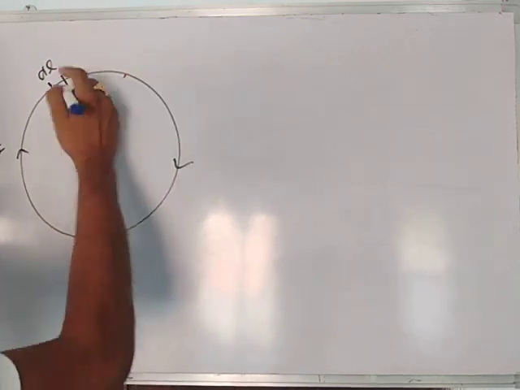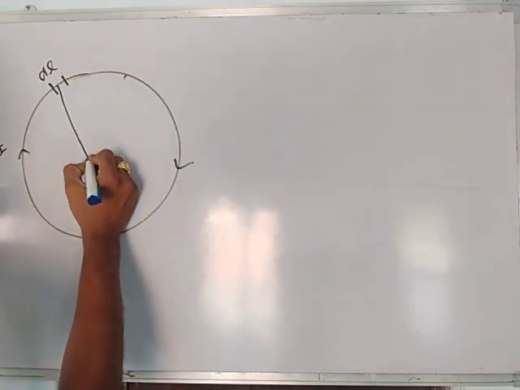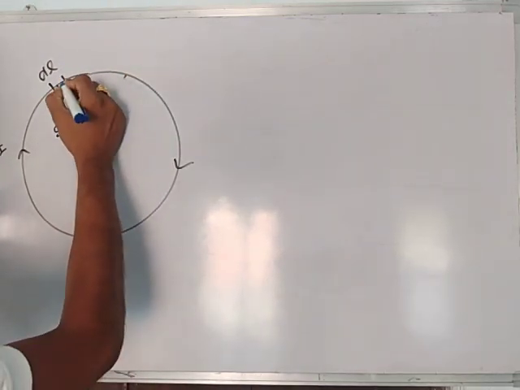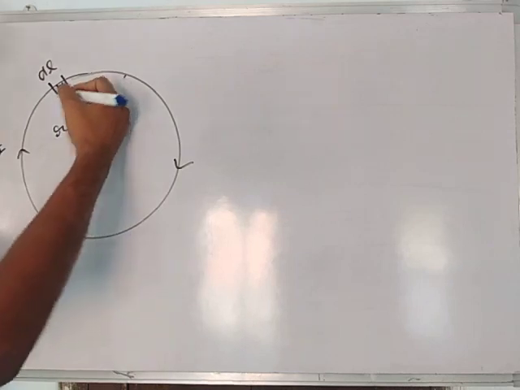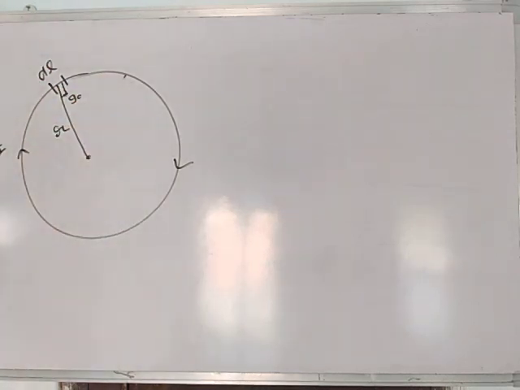and the distance of this dl from the center is r, and you all know very well that the angle between the radius and the circumference is 90 degrees. This theta is 90 degrees.